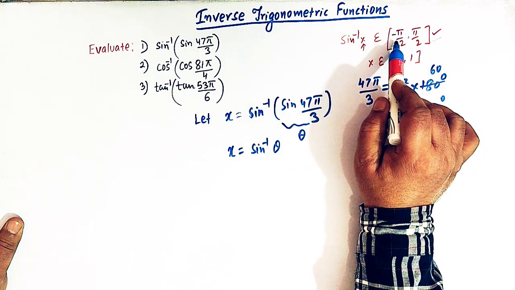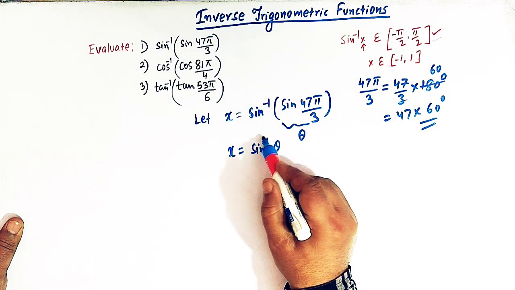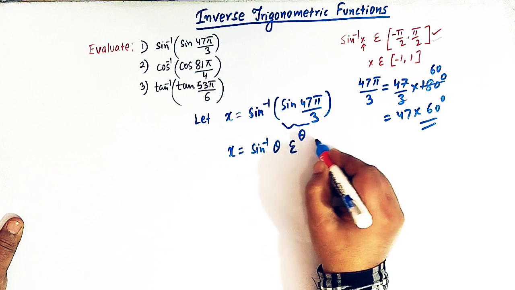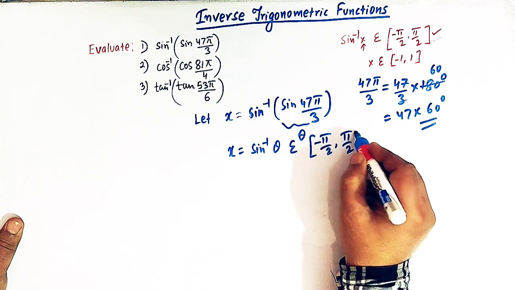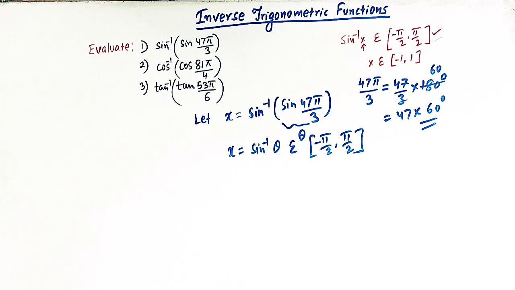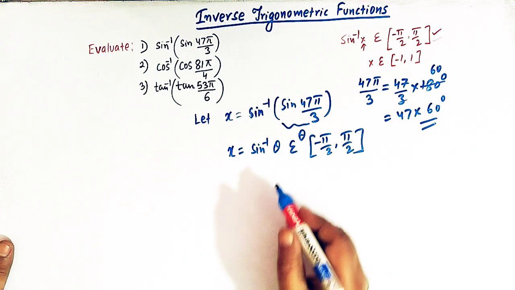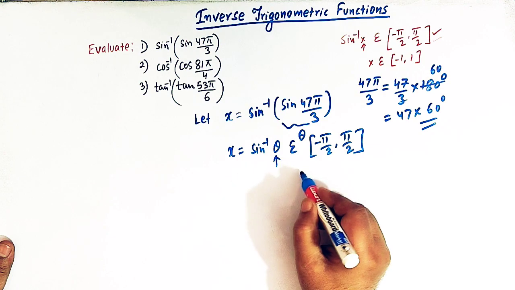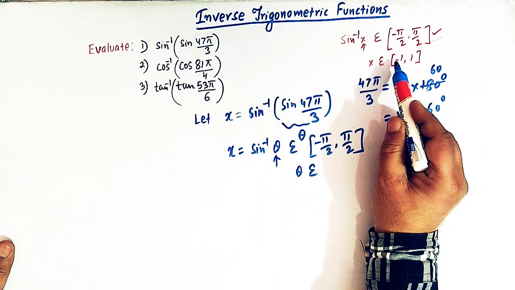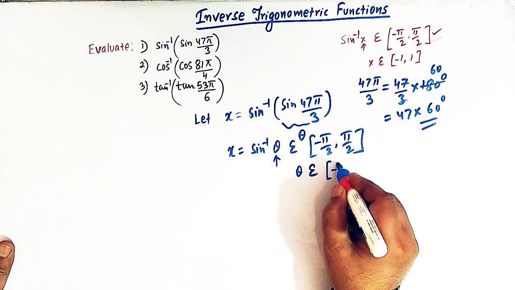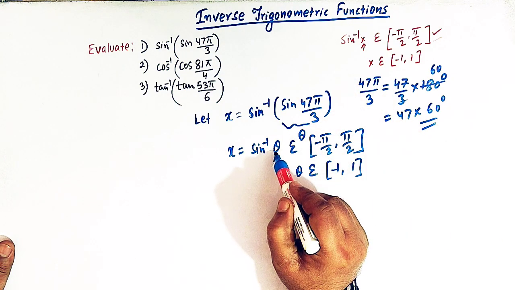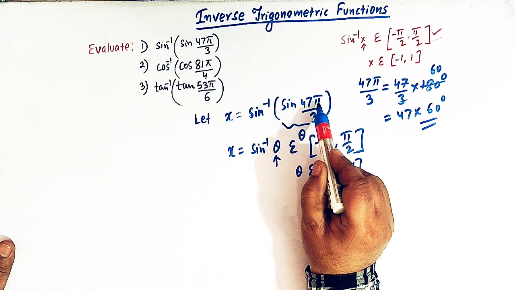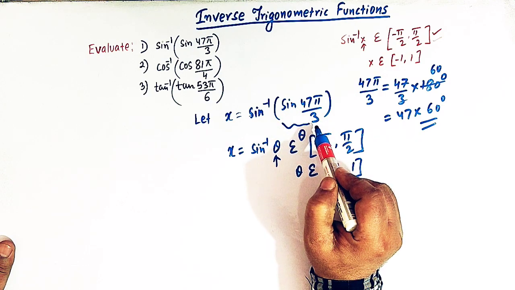According to the definition, sine inverse theta must belong to minus pi by 2 to pi by 2, and theta must belong to the interval minus 1 to 1. Here theta is sine 47 pi over 3.